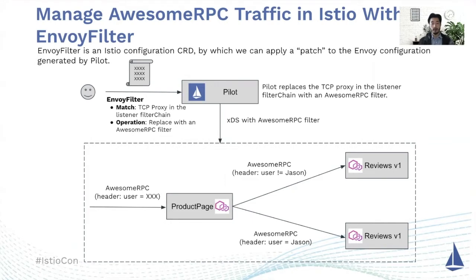Pilot takes these high-level CRDs and translates them into the actual Envoy configuration, like listener, route, cluster, and virtual host. We can use EnvoyFilter to modify the generated configuration before it is pushed to the Envoy in the data plane. Basically, you can use the match condition to select a specific part of the output configuration and modify it to whatever you like.